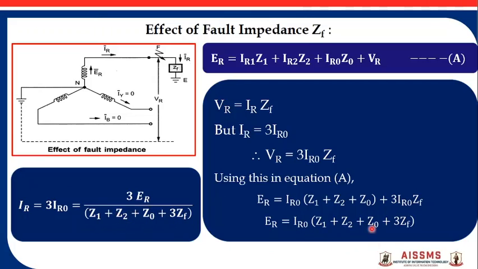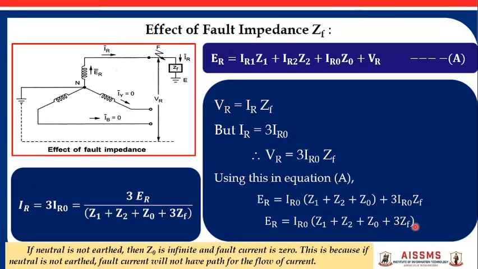That is, this will come in the denominator. So if we are considering the fault impedance, denoted by ZF, then the fault current is given by 3 into ER divided by the summation of Z1, Z2, Z0 and 3 ZF. Z1 is the positive sequence impedance, Z2 is the negative sequence impedance, Z0 is the zero sequence impedance, and ZF is called the fault impedance.